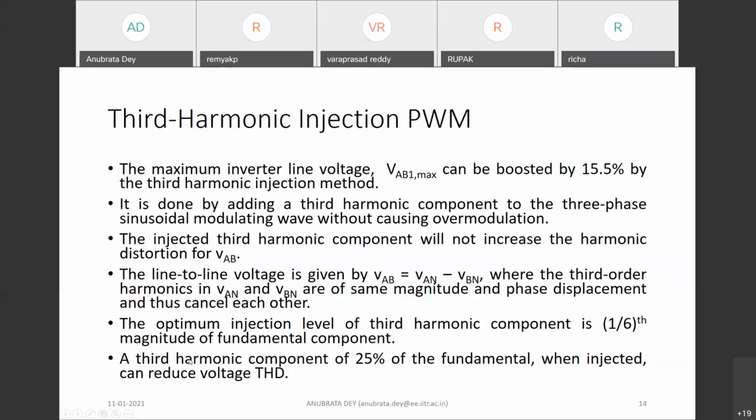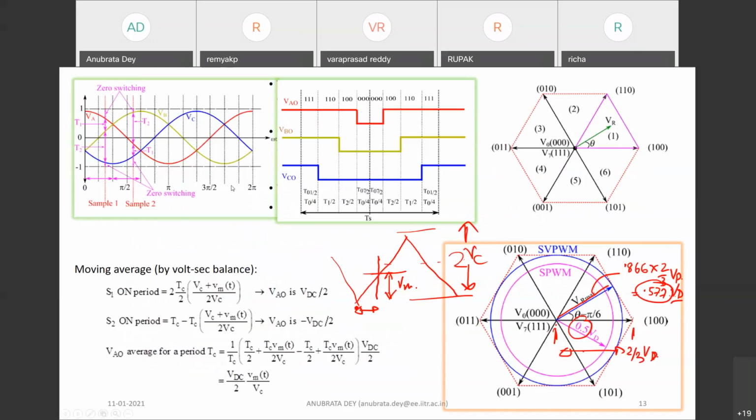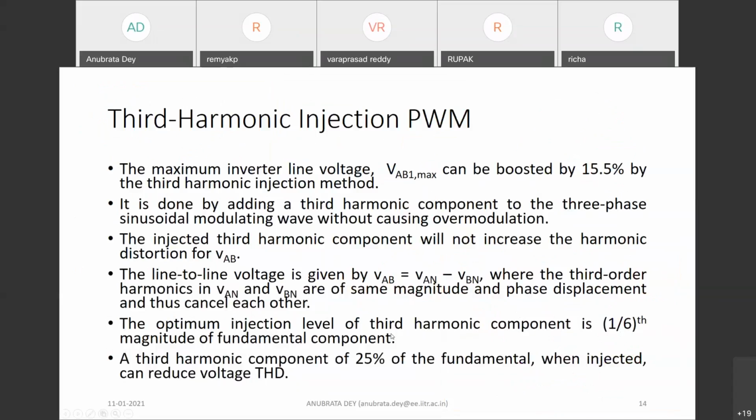These are a few observations, but as I said, SVPWM through digital control is much easier. So apart from doing this using third harmonic injection, it is always better to control the duty cycle of the zero sequence. Both meanings are the same, and you can easily control it by a digital controller.